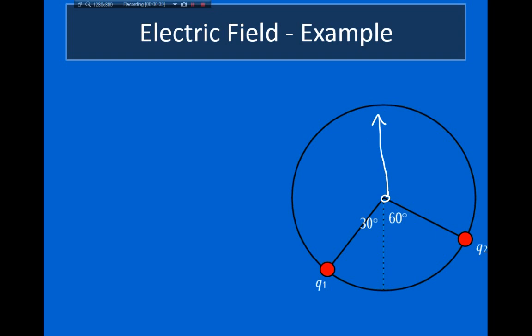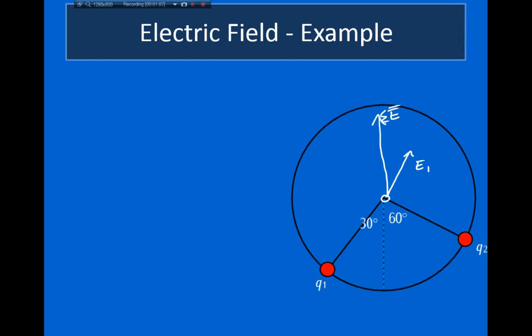And what this tells us is that these two charges at the bottom have to both be positive, because the positive test charge at the center of the circle is being repelled, it's being pushed away from these two charges at the bottom. Now, because we know that the total electric field points vertically upwards, this tells us that the x components of the two electric fields that are created by Q1 and Q2 both have to cancel.